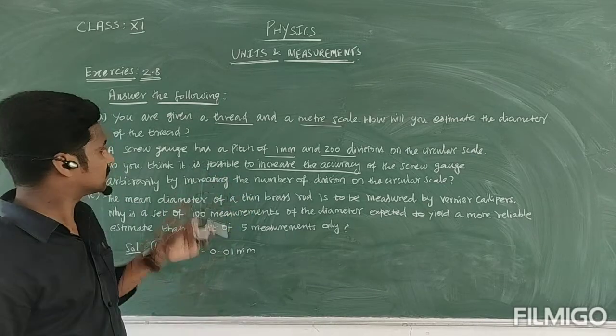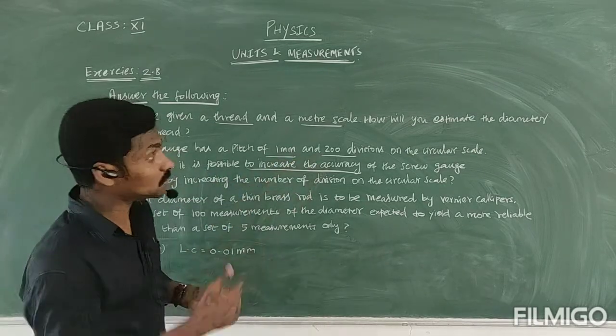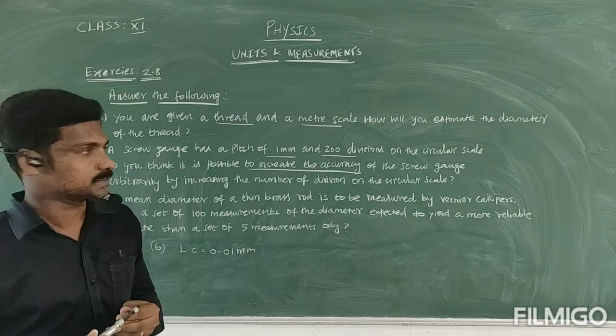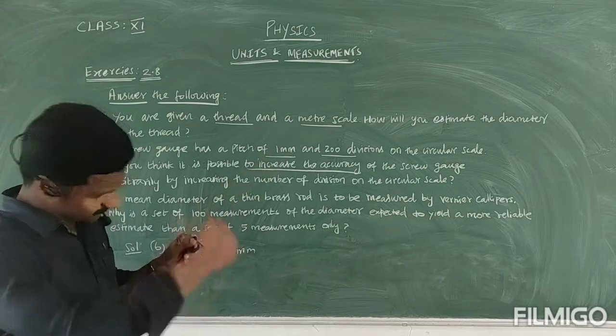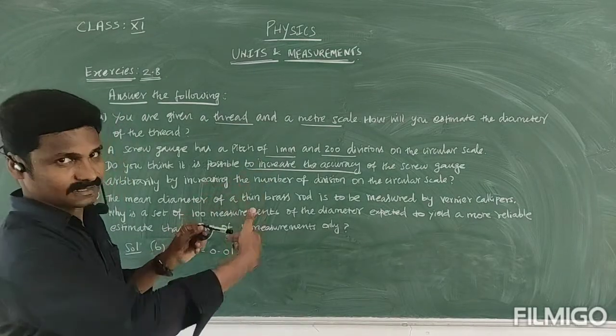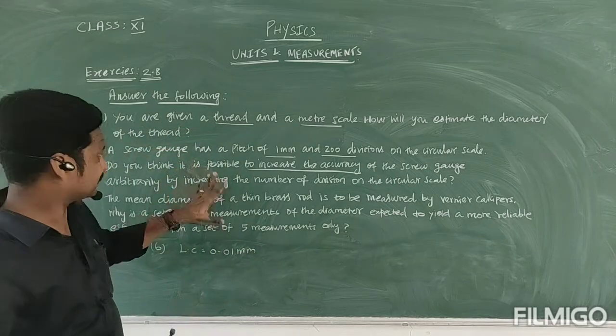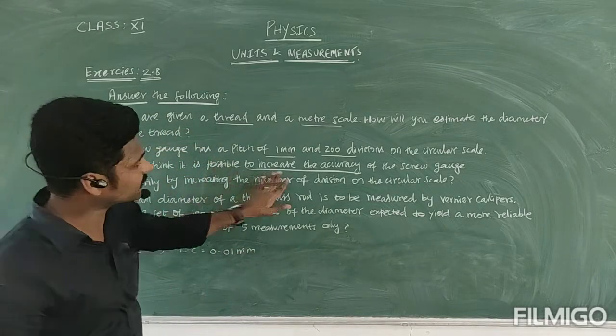But in the question they said 200 divisions in the circular scale. So if you increase the number of divisions in the circular scale from 100 to 200, what will happen? I think it's possible to increase the accuracy.